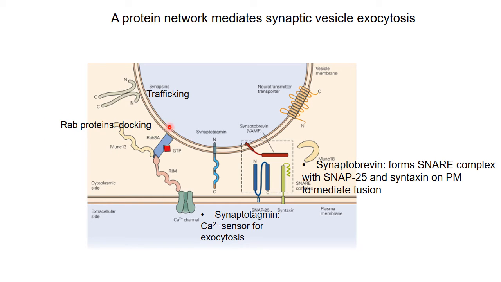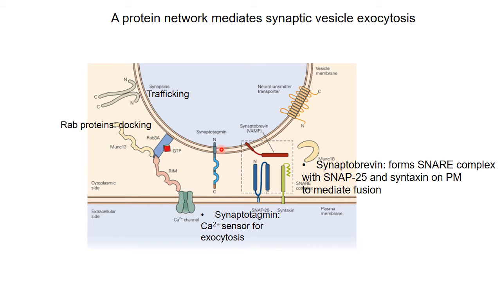Then we have Rab proteins. As I mentioned, these are GTP binding proteins that are involved in docking, and they interact with MUNC13 and RIM at the active zone. So they play a role in tethering synaptic vesicles or docking them right close to the calcium channels. We have synaptotagmin, which is a calcium sensor for exocytosis. We'll talk a little bit more about it. It has 2 calcium binding sites and it can bind a total of 5 calcium ions.